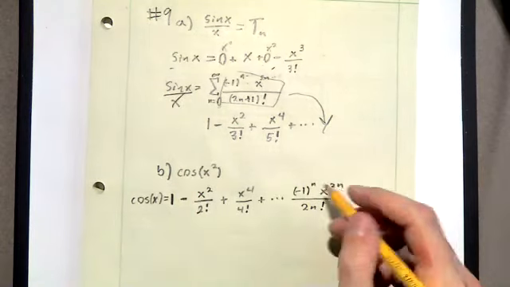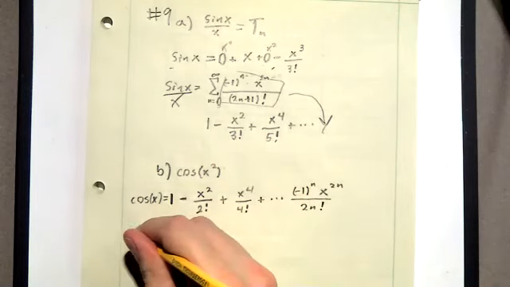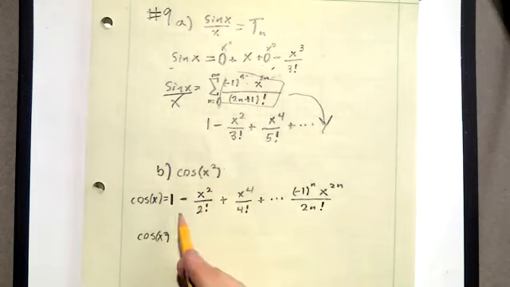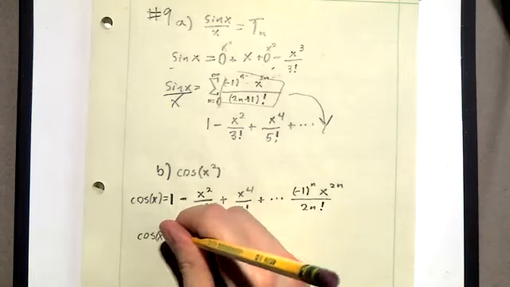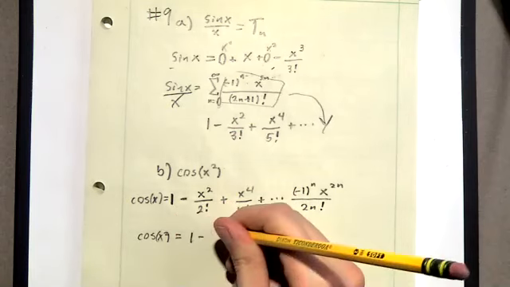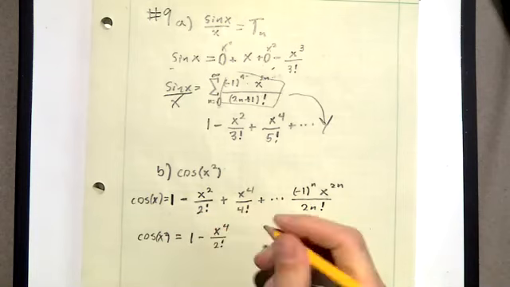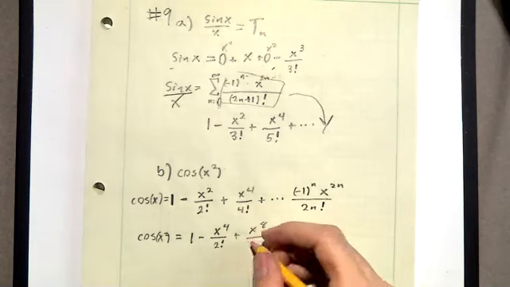And so with that, if we substitute x squared in, we get cosine of x squared. So we're just substituting in all of our x's for x squared. And we get 1 minus x to the 4th over 2 factorial, plus x to the 8th over 4 factorial.